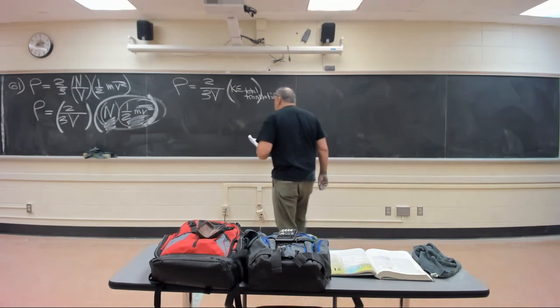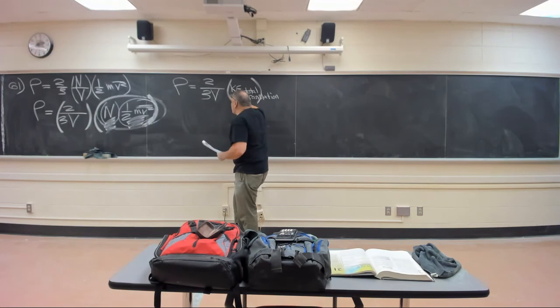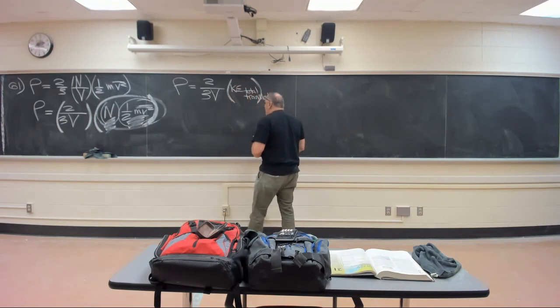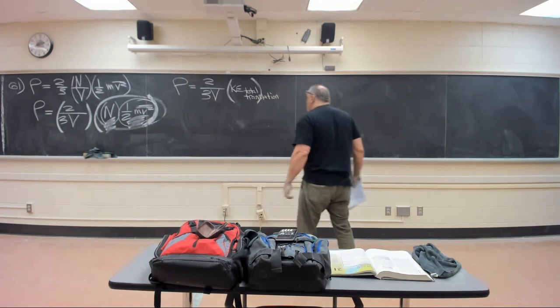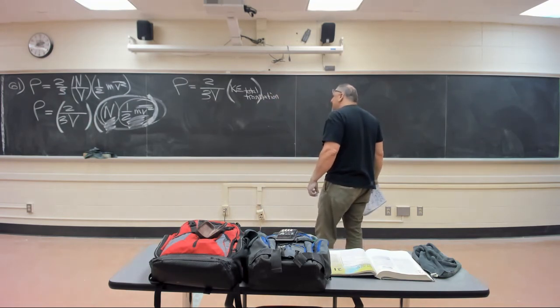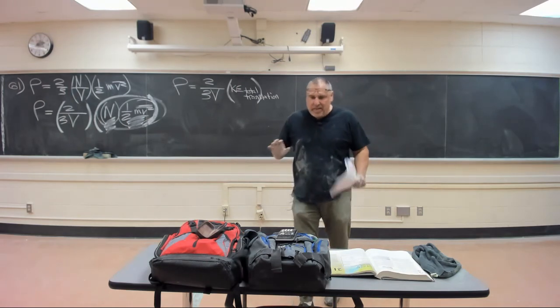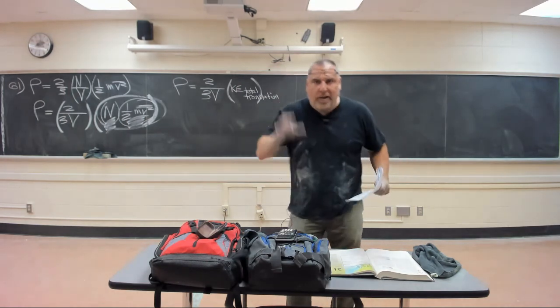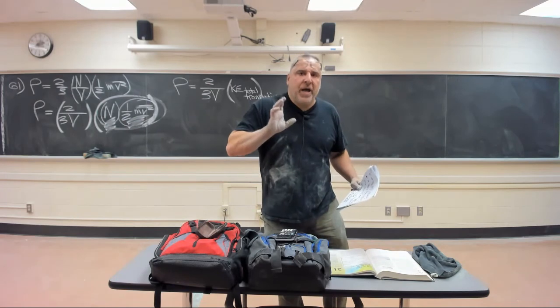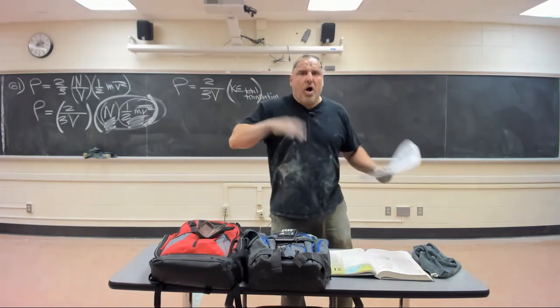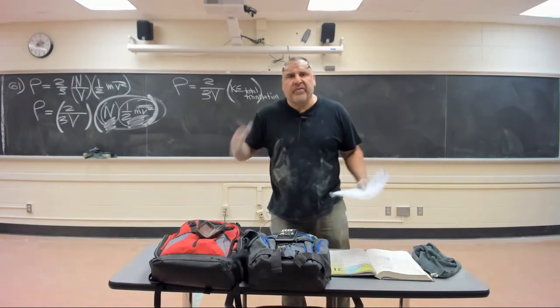The 2 came out there because we didn't have a half associated with this. And the 3 on the bottom, because not all the particles all at once are hitting just 2 walls. All the particles all at once are hitting all 6 walls.